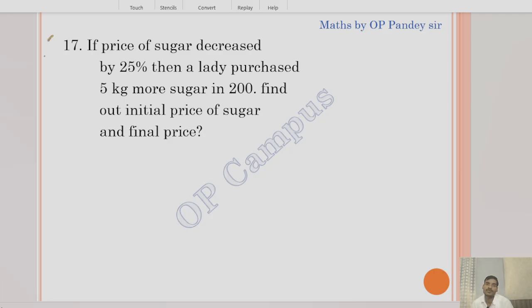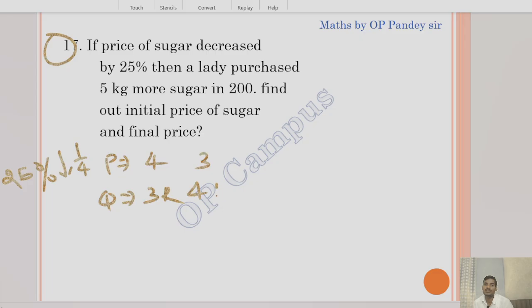Next question, please see. If the price of sugar decreased by 25%, then a lady purchased 5 kilogram more sugar in 200 rupees. So price decreased by 25%. Ratio of price becomes 1 divided by 4. If the initial price is 4, then the present price becomes 3, because 1 ratio is reduced price, and quantity becomes 3 to 4.